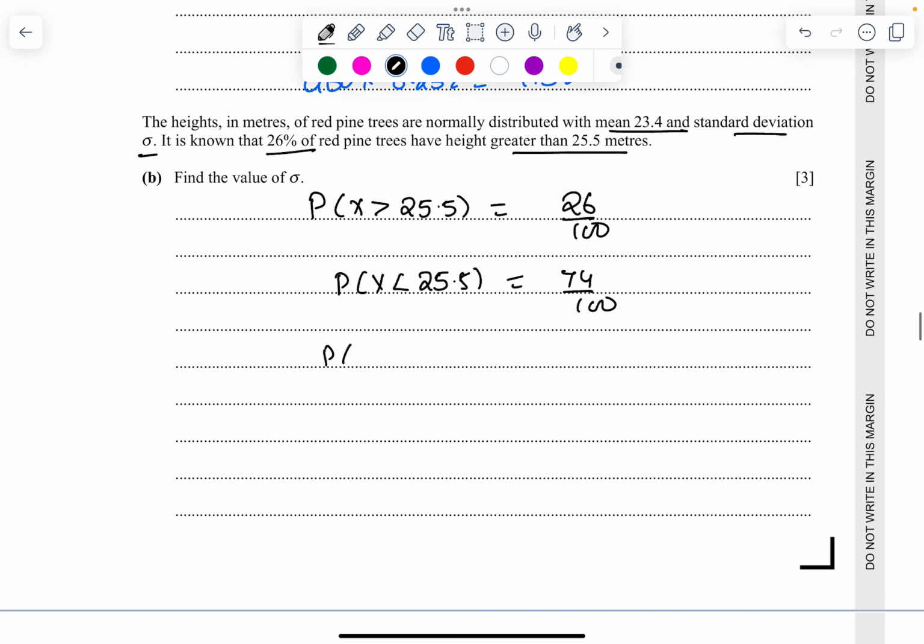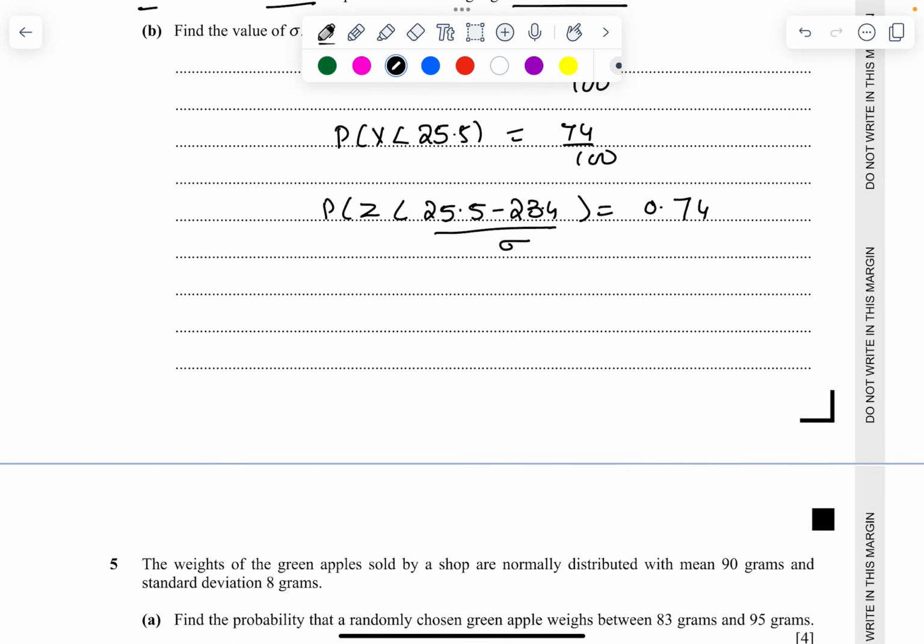So probability of z less than 25.5 minus 23.4 divided by sigma equals 0.74. So what does that become? Probability of z less than 25.5 minus 23.4 by sigma equals 0.74.